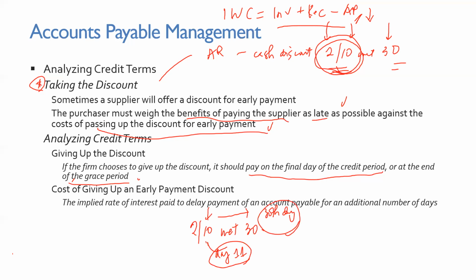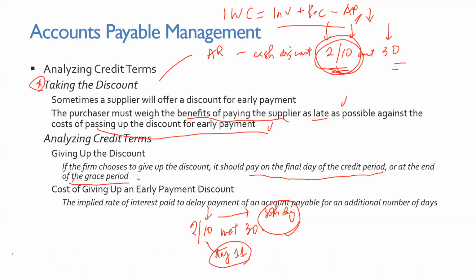So yun lang yung sinasabi. It should pay on the final day of the credit period. Okay? Because you want to maximize. Ibig sabihin, mas malaki yung benefit for you of extending the accounts payable cycle, accounts payable days rather than obtaining the 2% discount. So you should maximize it to the extent possible, which is to pay at the end of the credit period. Okay.